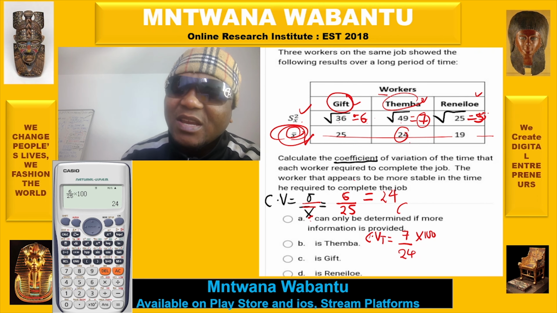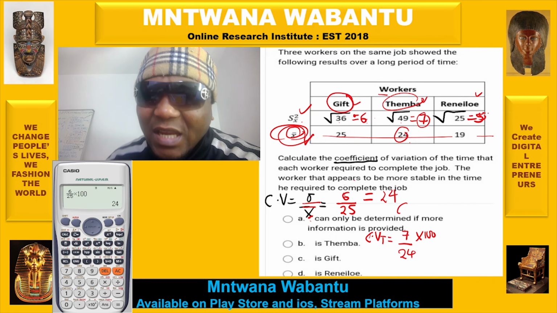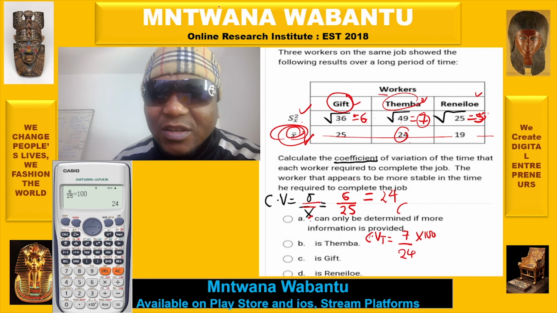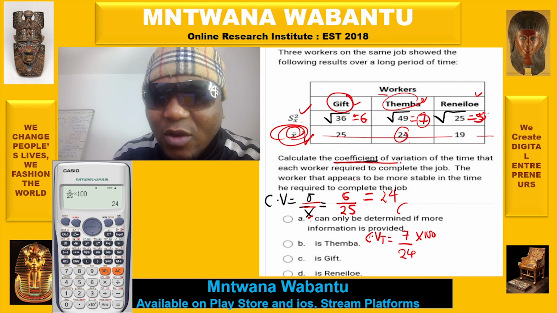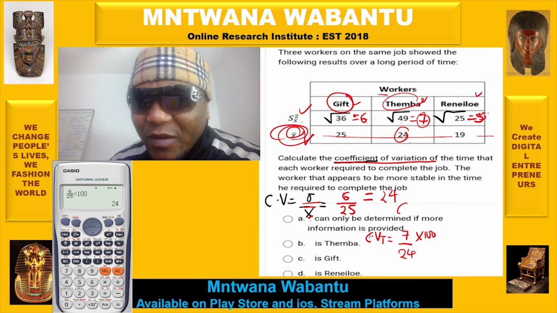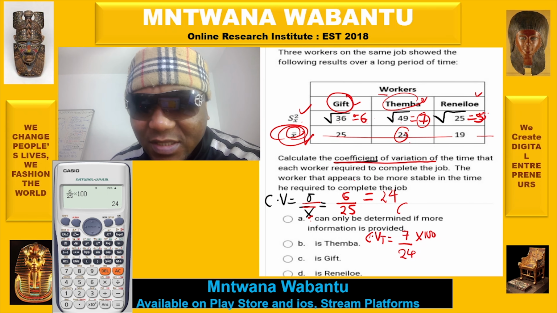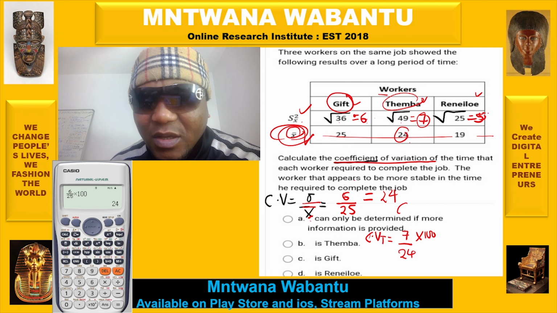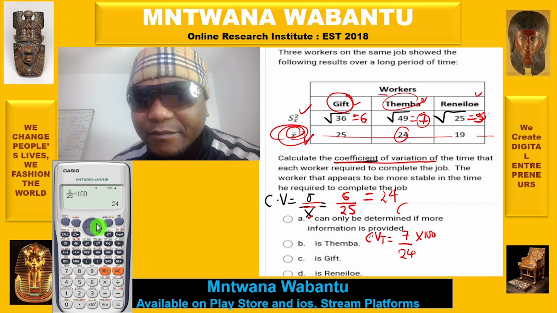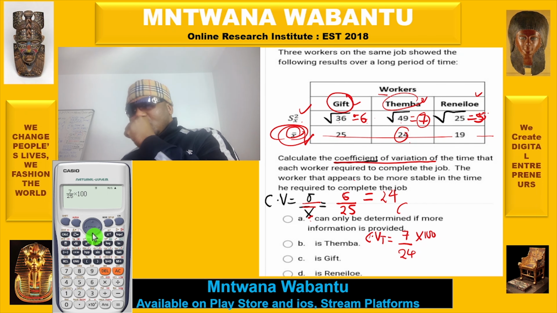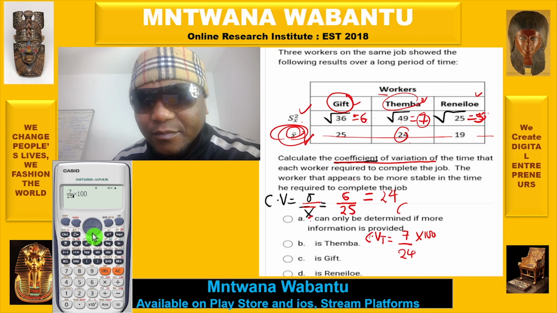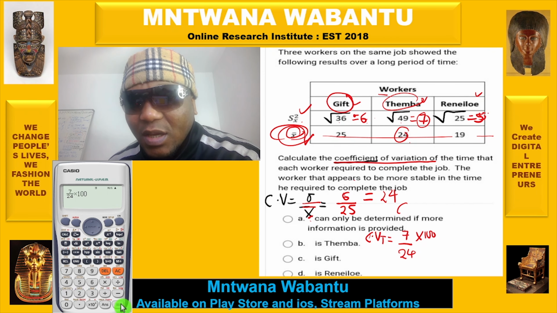That's how you get the coefficient of variation, just like in question 1, the coefficient of variation of each worker. Okay, now let's get the coefficient of variation of Temba. So come to the fraction here. We're going to say 7 over 24. Okay, now get the answer.